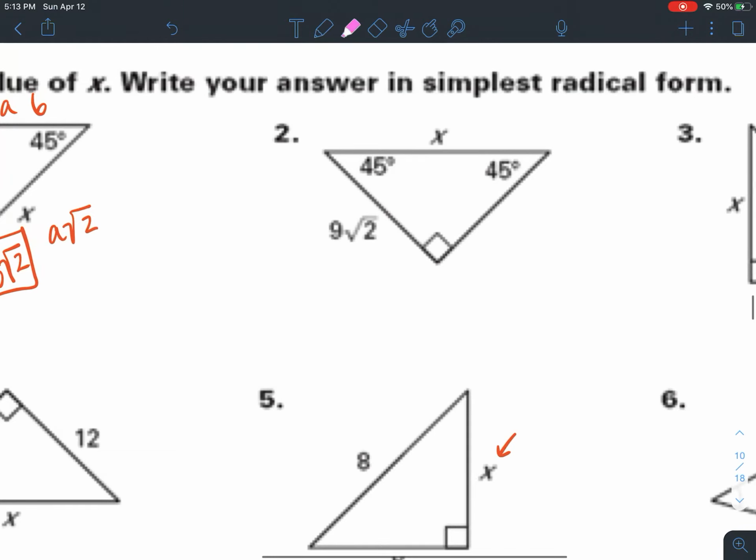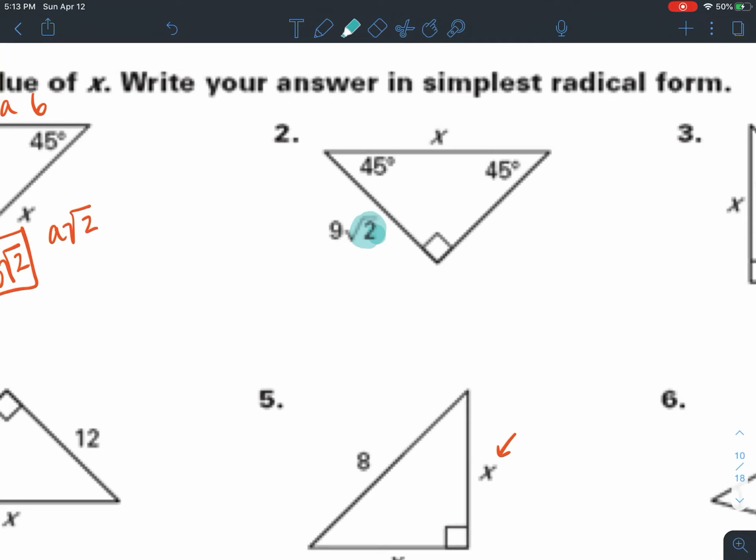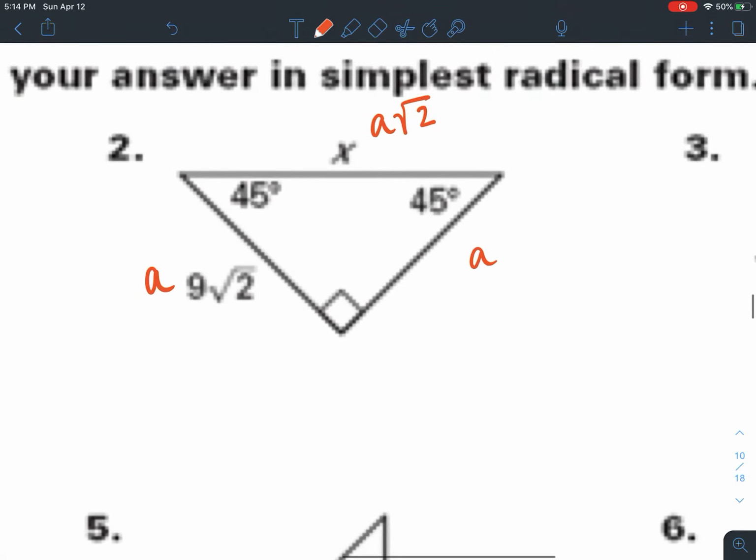Here again, don't let this square root 2 throw you off. We still have our leg lengths of A, and A square root 2. So when I look at what I have written in orange, I can see that to get from the leg to the hypotenuse, I multiply by the square root of 2.